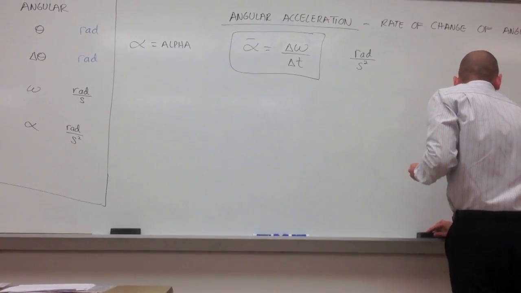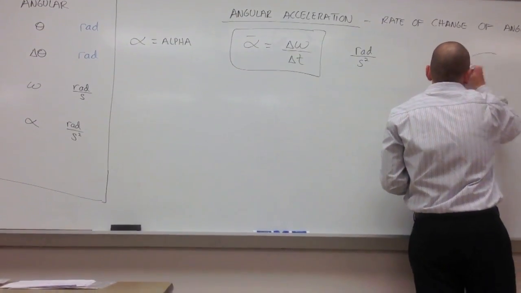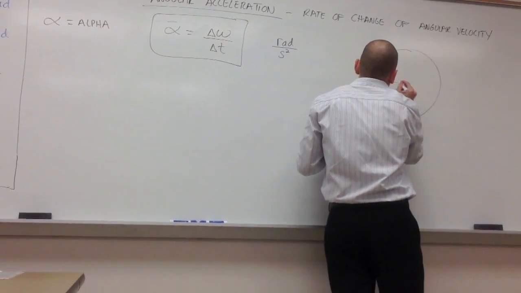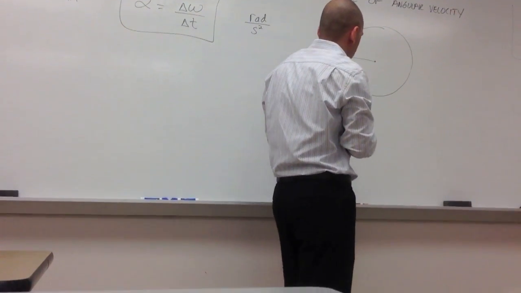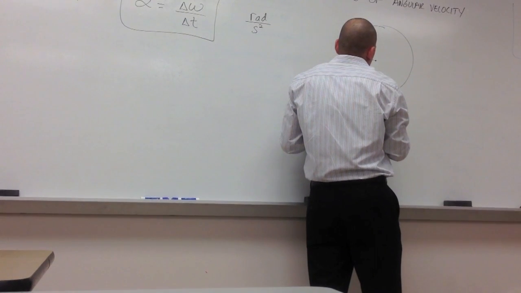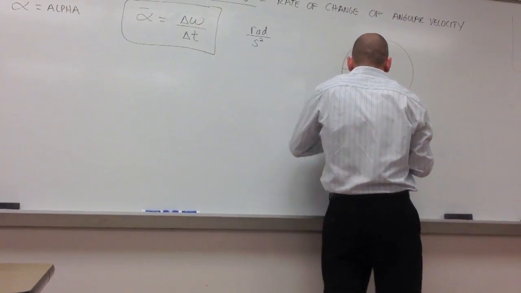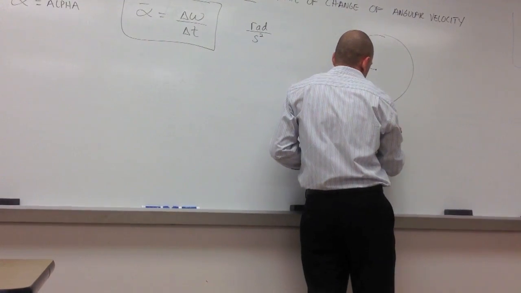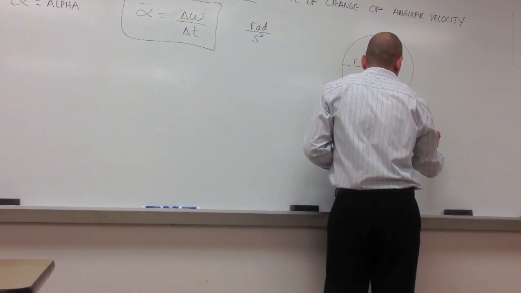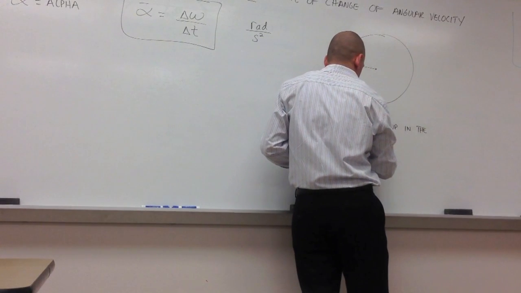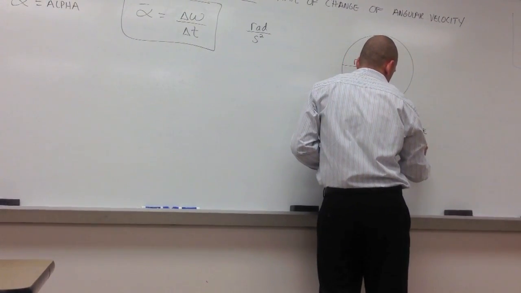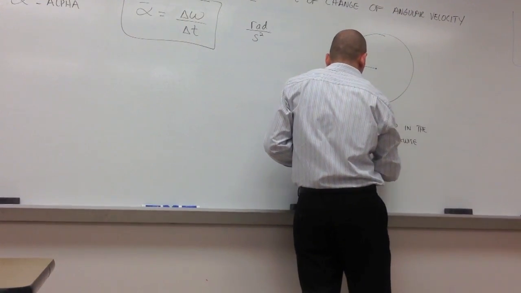So let me draw another picture here and talk about some of the accelerations that we have. There's R, just to measure that. Let's just say here that we are speeding up in the counterclockwise direction for this picture.